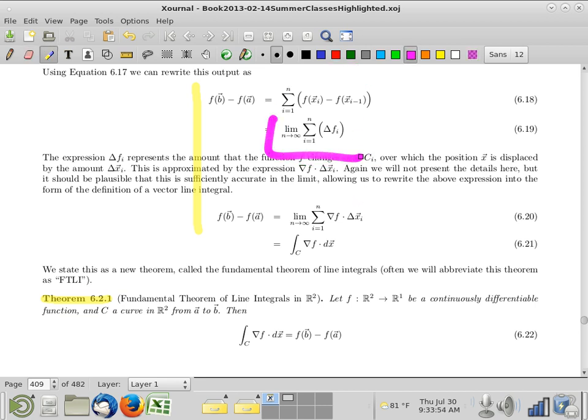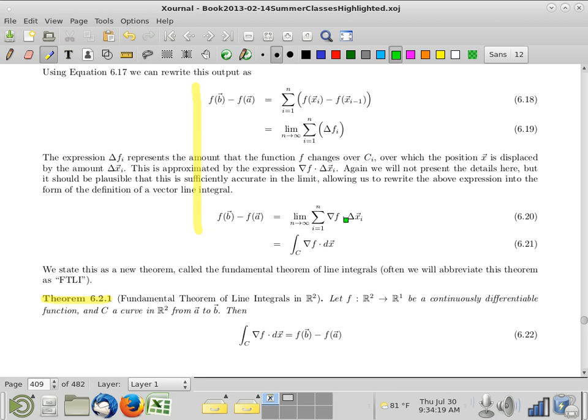This expression makes a reference to something that we know how to compute from Chapter 4. The change in the output of a function over a little short piece is computed with a dot product with the gradient vector. The old Chapter 4 fact. There's a relationship between input changes and output changes, and it's the derivative of the function.